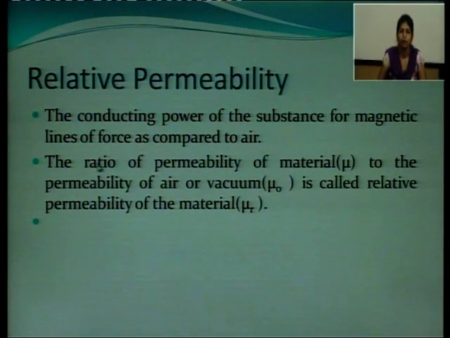We can also define it as the ratio of permeability of any material, which is represented as mu, to the permeability of air or vacuum, which is represented as mu naught. So mu r is equal to mu upon mu naught, the relative permeability.